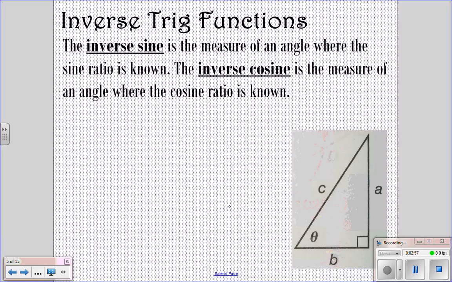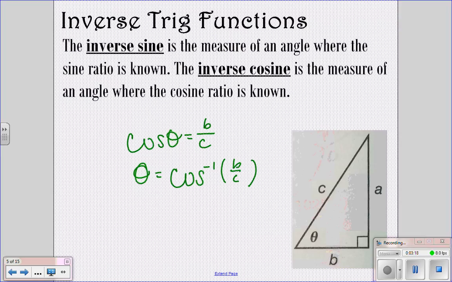The inverse cosine is the measure of an angle when you know the cosine ratio. So on this one, we could say the cosine of theta is adjacent over hypotenuse, so B over C. And so then, to solve for theta, we would use the cosine inverse of B over C. Okay?